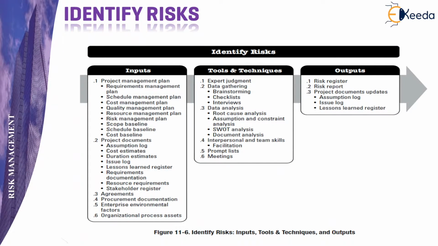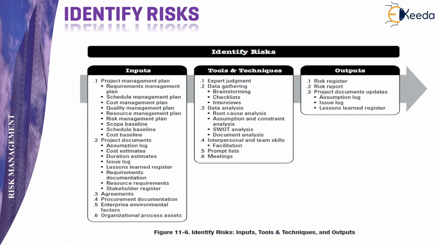Once we have learned this, we can move further to identify the risk easily. For this, the inputs will be the project management plan, the different project documents, agreements, procurement documentation, etc. Whereas the tools and techniques used here are expert judgment, conducting meetings, and data analysis, just as we had seen earlier.